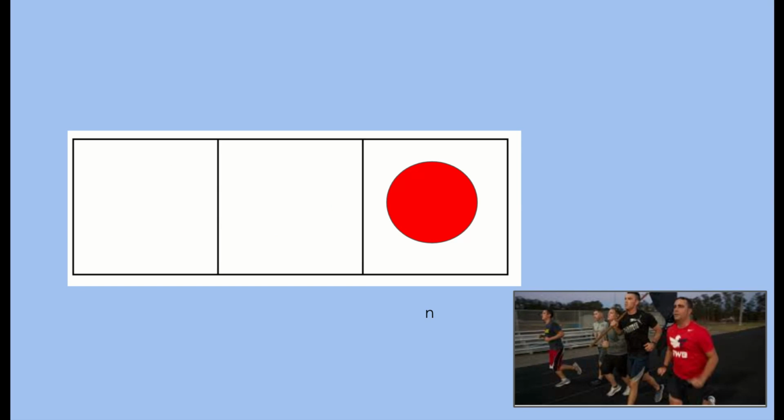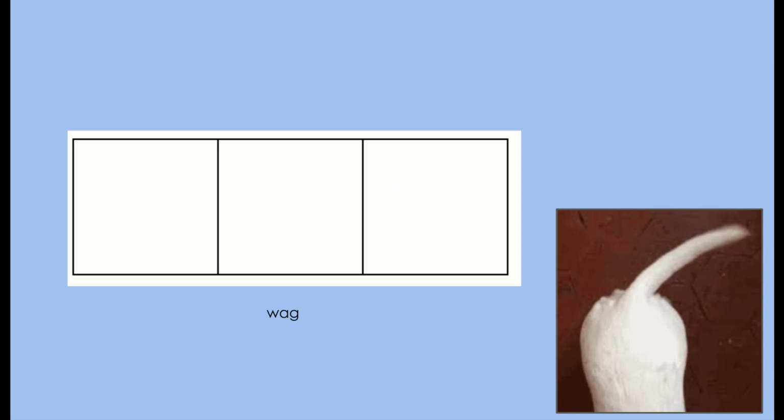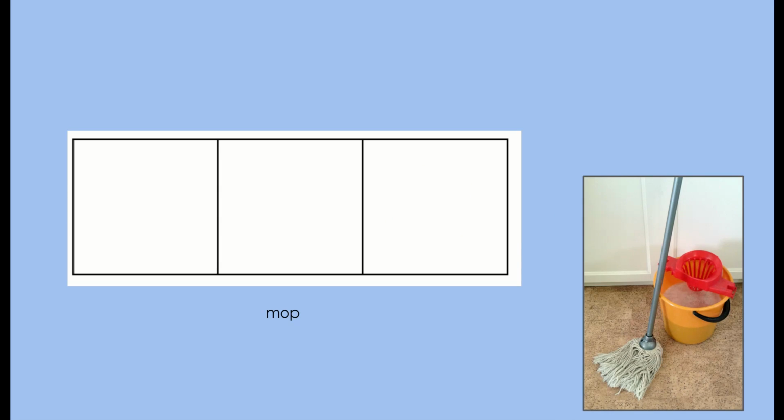R-A-N. Ran. The next word, wag. W-A-G. Wag. The next word, mop. M-O-P. Mop.